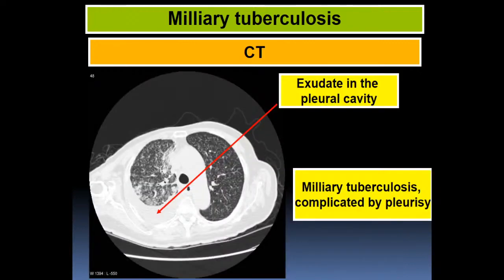On this tomography layer, CT scan, we can see many small focal shadows in both lungs, and a complication, exudate in the pleural cavity on the right side. That's why this is miliary tuberculosis complicated by pleurisy.